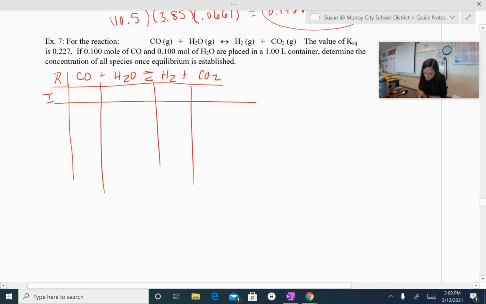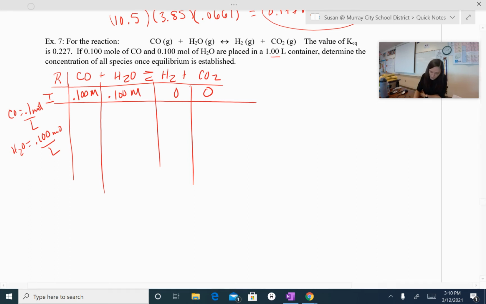It says I have 0.1 mole of carbon monoxide in 1 liter, so that's going to give me 0.1 mole. Same with water, I have 0.1 mole of water in a 1 liter container. So that gives me 0.1 molar there. I'm going to have none of the products to begin with.